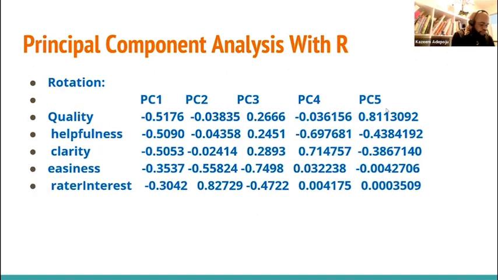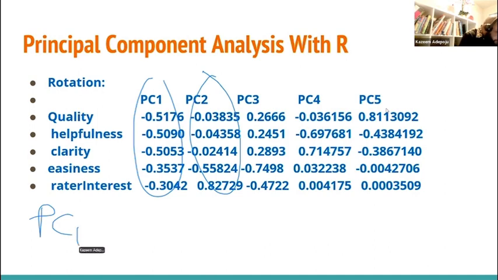If you want to write a model out now, you're going to write PC1 equals negative 0.5176 quality.